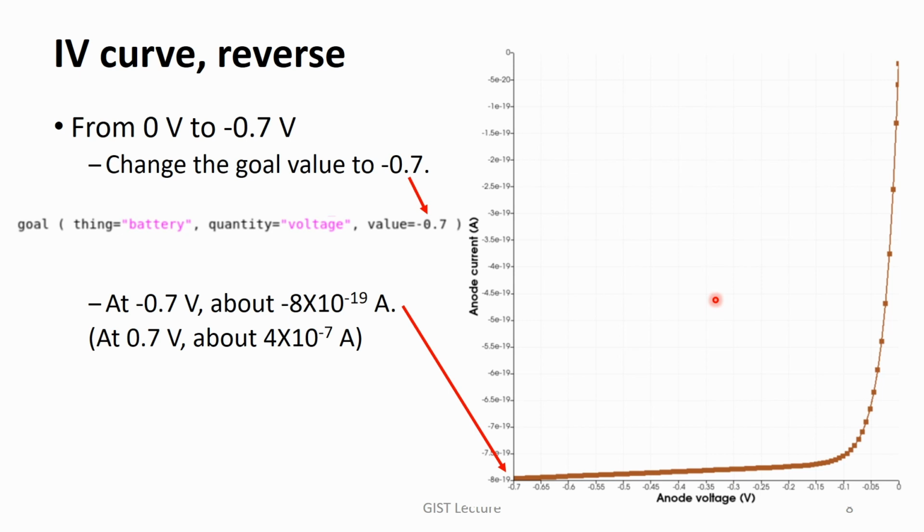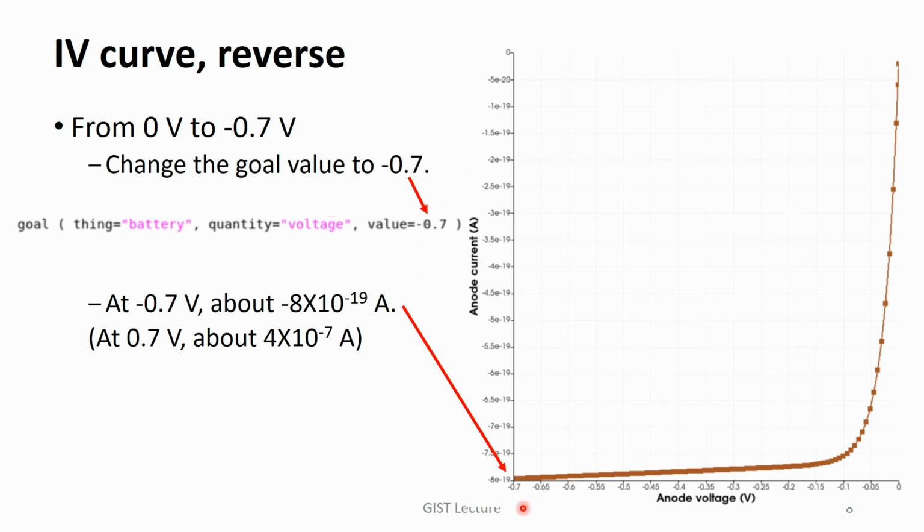It was a forward sweep in the previous slide. Now ramp down the voltage to minus 0.7 volt. It is easily done by changing the goal value in the input file. Then the output curve looks like this.